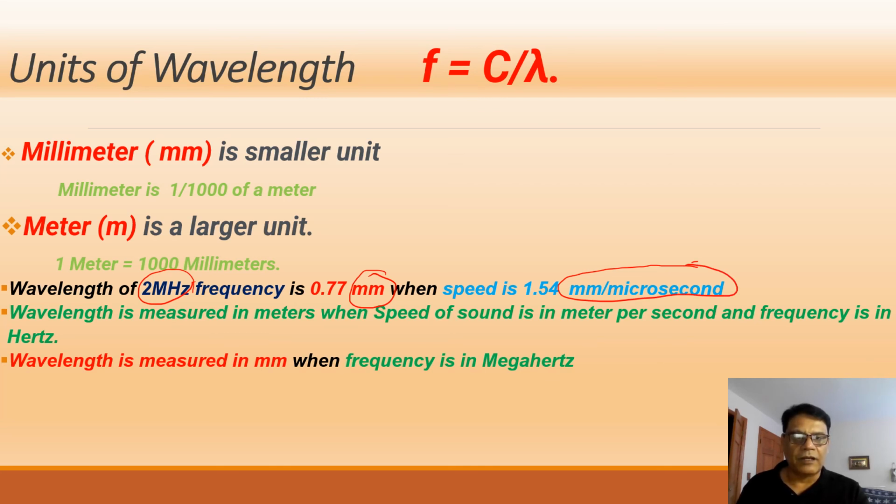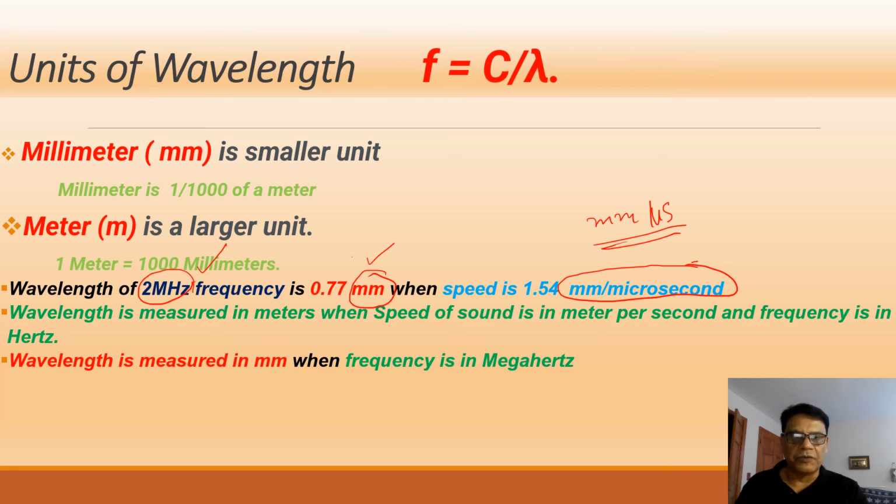And if they trick you while giving you frequency in hertz or wavelength in meter, so never choose the answer in which the speed has millimeter per microsecond, because millimeter per microsecond units of the speed will be when the wavelength will be in millimeter and frequency will be in megahertz.